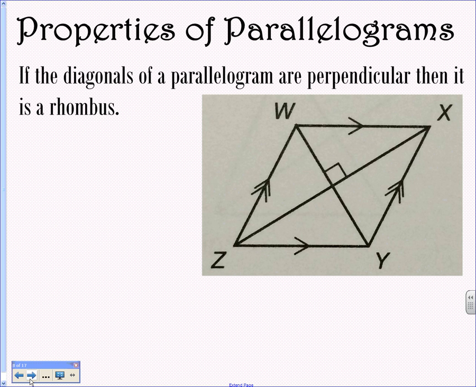A square? What else? Would a rectangle have perpendicular diagonals? No. The kite? I think that's it.